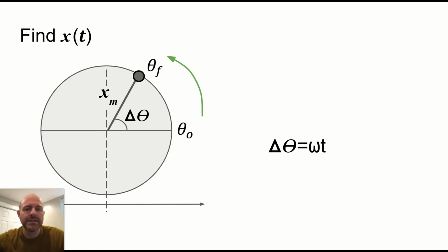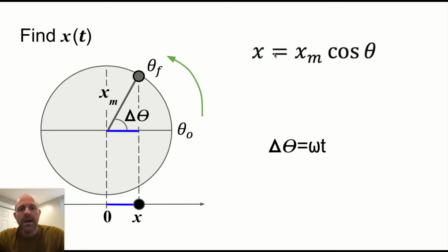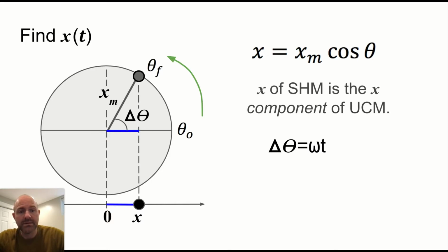So delta theta is omega t, right? And if you track where it is on the x-axis, that's really part of this triangle. And so the x position is going to be the maximum, or the radius of the circle, which is the maximum x position you can get, times the cosine of theta, because that is the angle we're always dealing with.